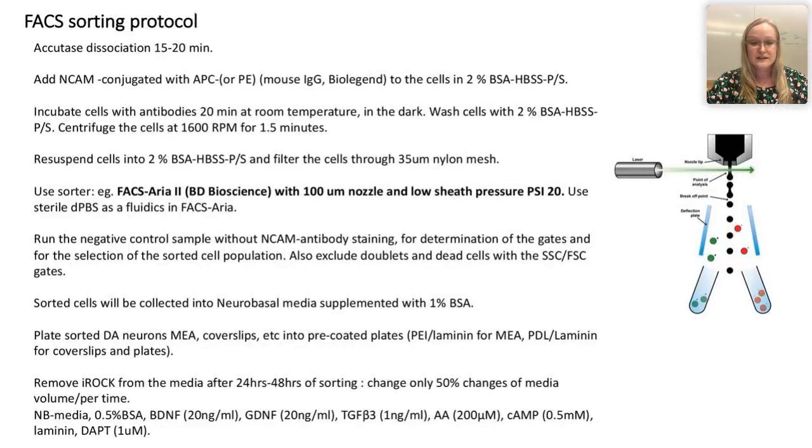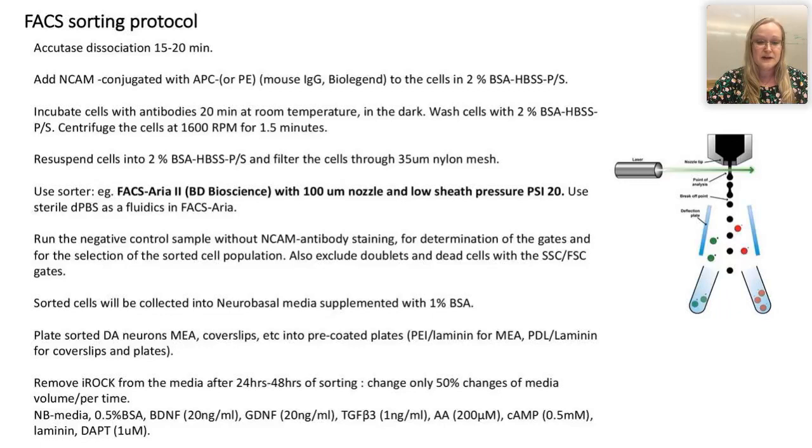Then we did the FACS cell sorting, and here is the sort protocol and an overview of that method, because this is really important in order to enrich and purify heterogeneous iPS cell-derived neuronal cell populations. First, we used Accutase dissociation for the 2D cultures. Then we stained the cells with an NCAM antibody that was labeled with the fluorochrome APC.